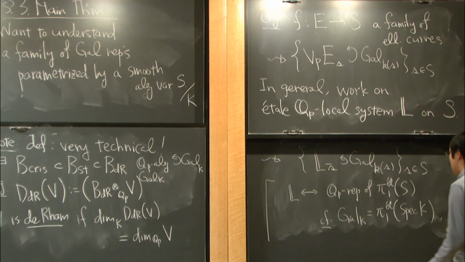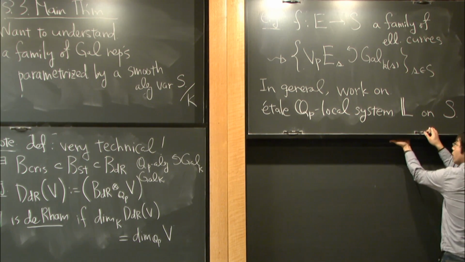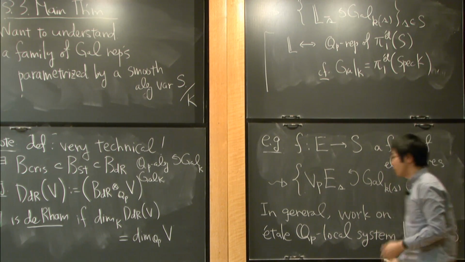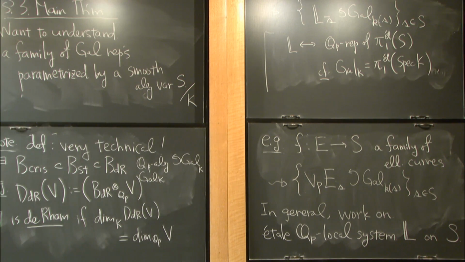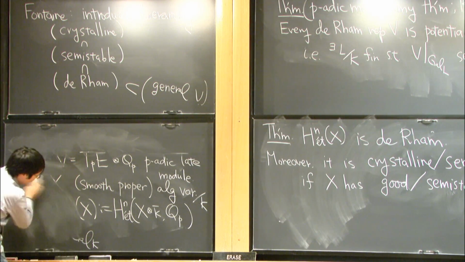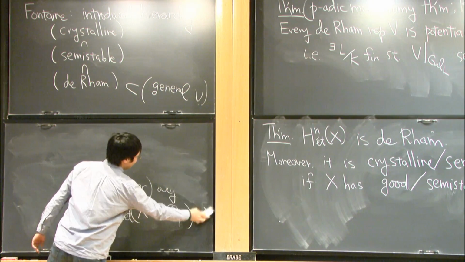And in this setup, I want to repeat the question which I mentioned before. Namely, how does the property of being de Rham or semistable behave in this kind of family? For simplicity, let me give a very easy definition, which may not be very standard.